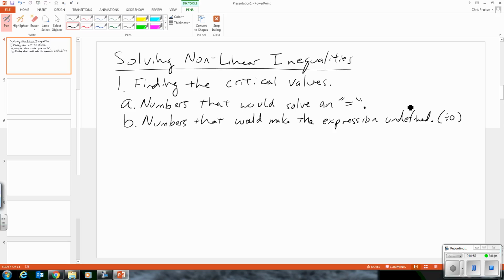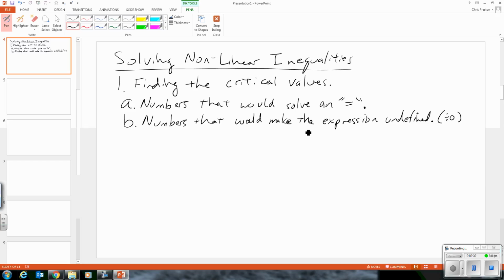So the second type is only going to show up in rational expressions, problems where you have fractions involved in the original problem, fractional expressions. So those numbers aren't allowed as solutions. They wouldn't show up in this first type, but they are relevant for a critical value. They somehow describe the boundaries of what things work or not.